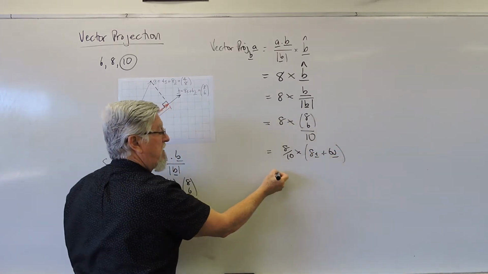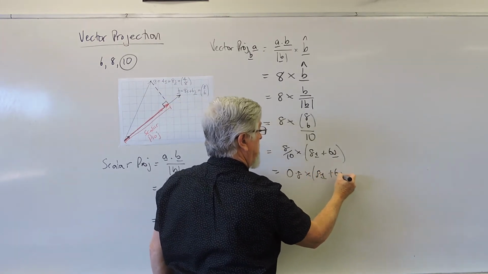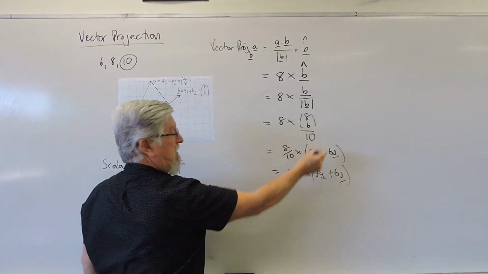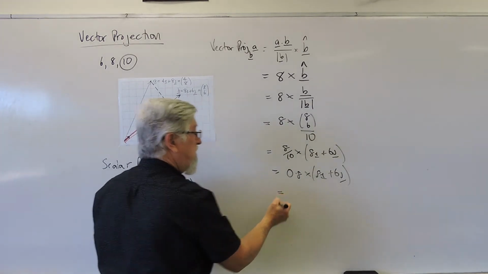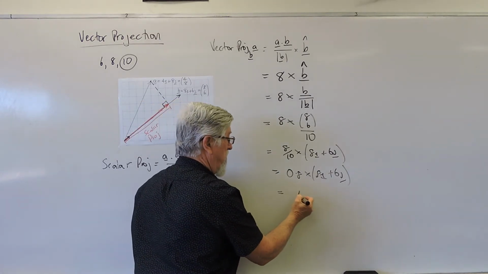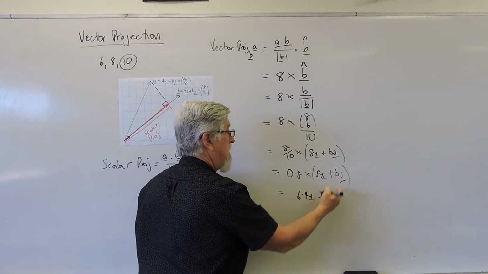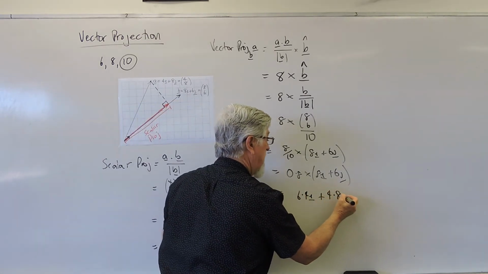What can we do with 8/10? You can write it as 0.8 if you wanted to, 0.8 of 8i plus 6j. I could have left it in the other form, but decided to go back to i's and j's. So what have we got? 0.8 times 8 is 6.4, so 6.4i. 0.8 times 6 is 4.8, so that's 4.8j.